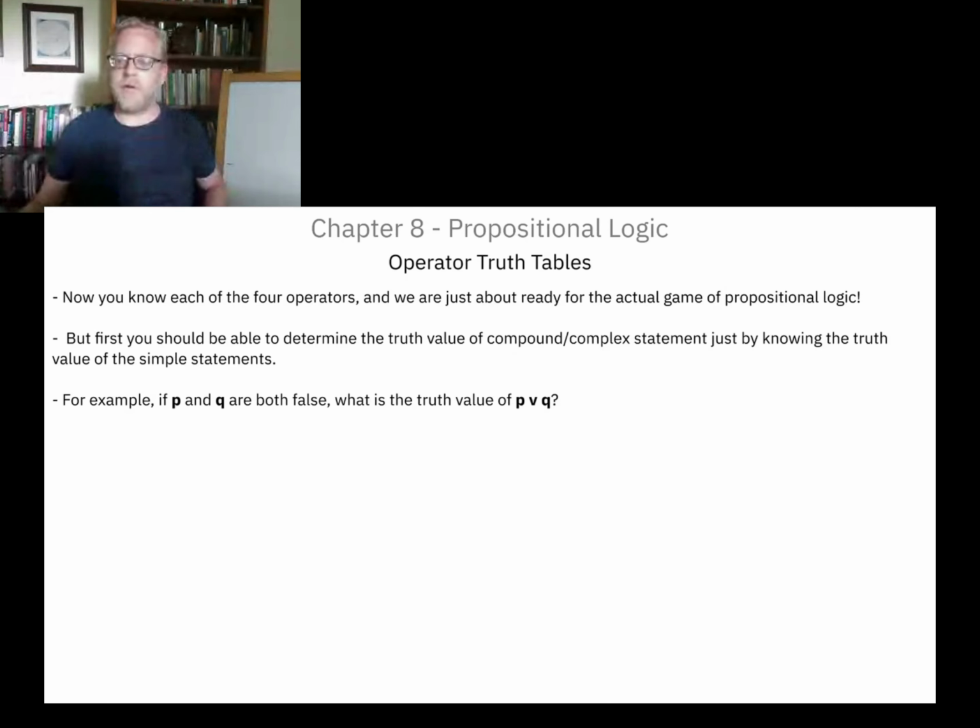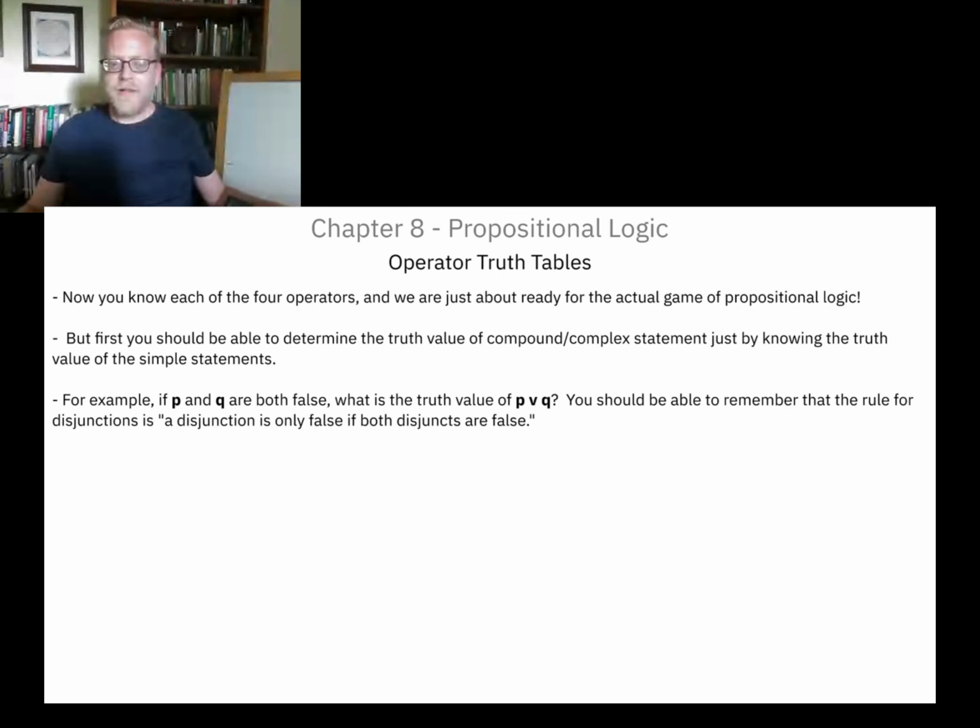If that's your statement, well, that statement is saying that either P or Q is true. Remember the rule for disjunctions? They're only false if both are false. Well, in this case, we're saying that they're both false. The rule for disjunction is a disjunction is only false if both of the disjuncts are false.